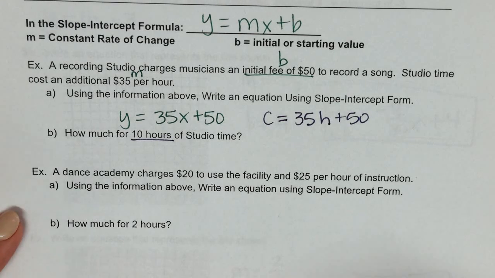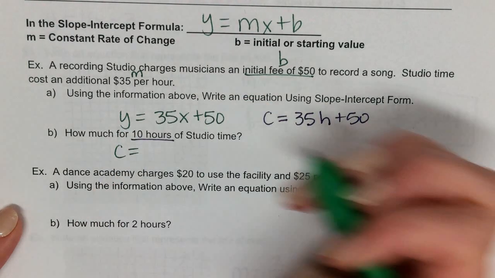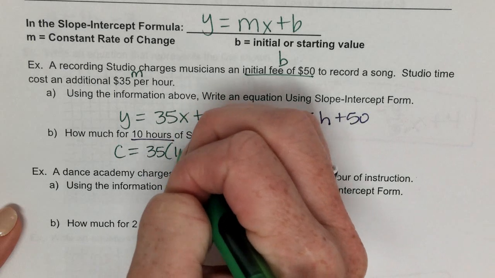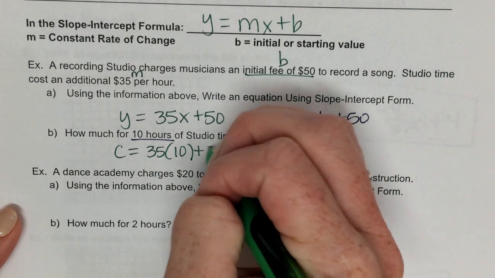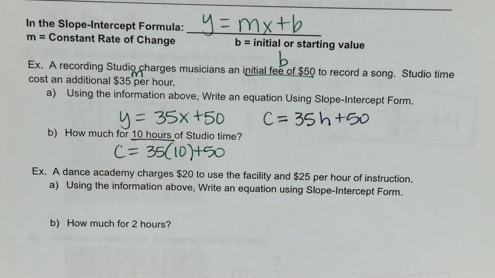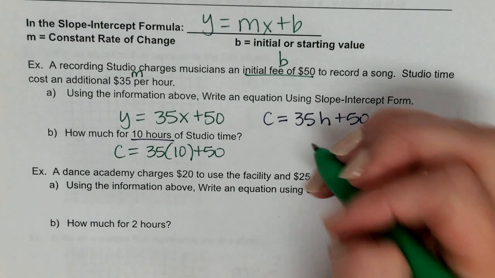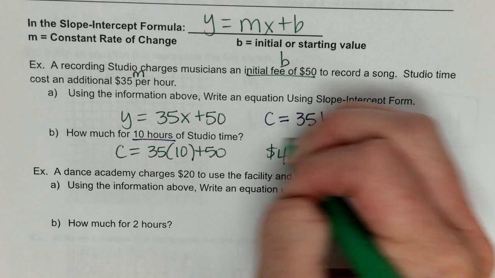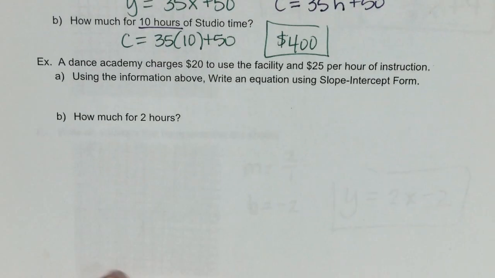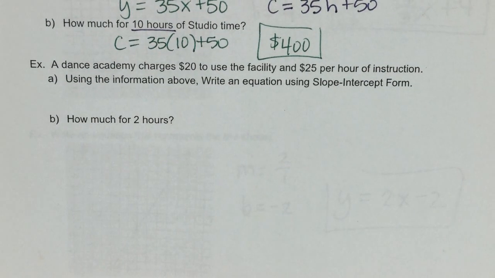So I would simply do cost equals 35 times 10 plus 50, which 35 times 10 is 350 plus 50 is $400. So my cost would be $400. All right, y'all write the equation for the next one.